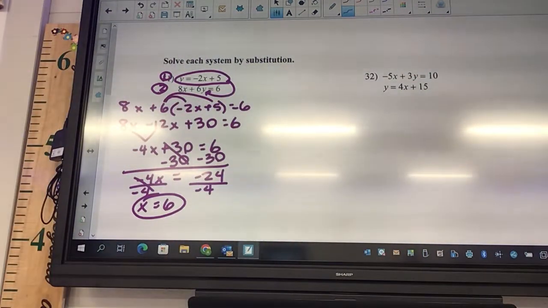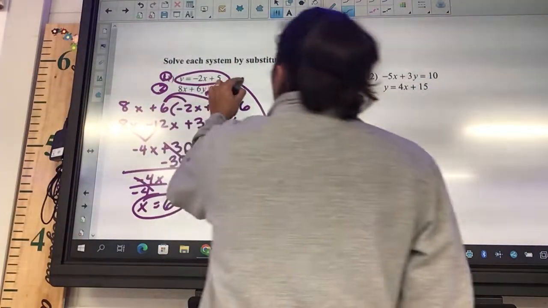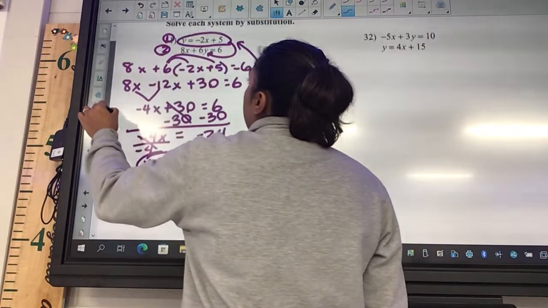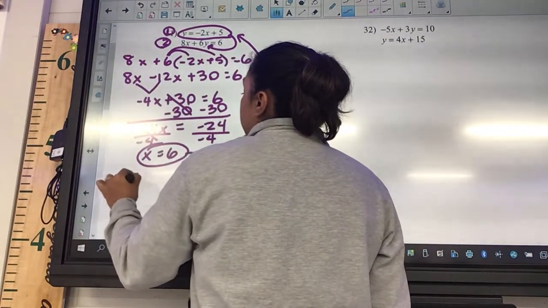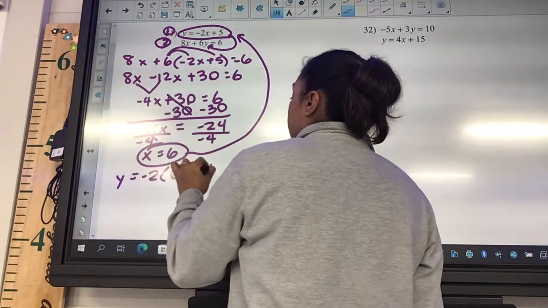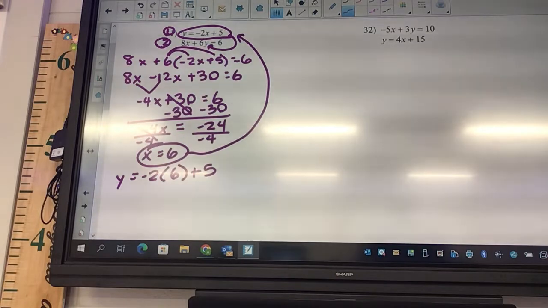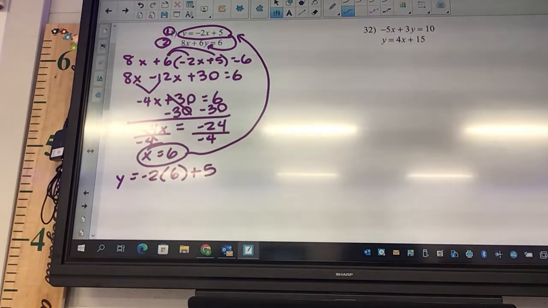What do we do with that? Plug it into the y up here, okay? So we get y equals negative 2, and instead of x, I'm putting a 6, plus 5. Okay, type that part in your calculator, see what you get. Negative 7. Somebody agree?